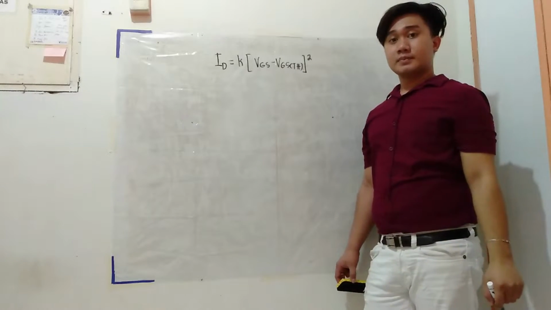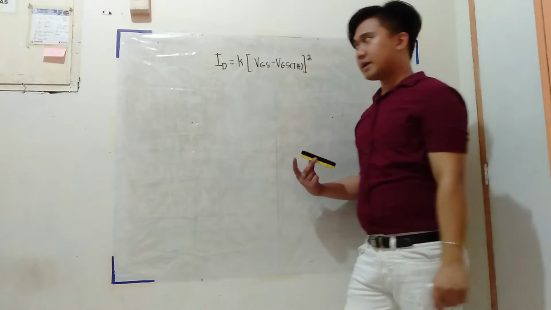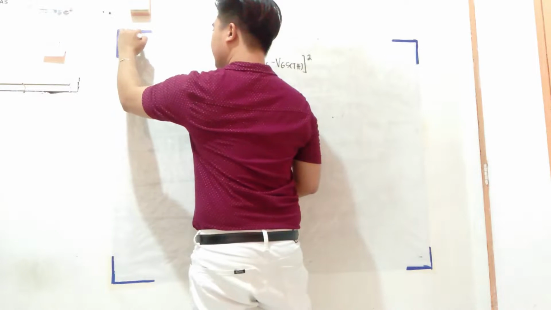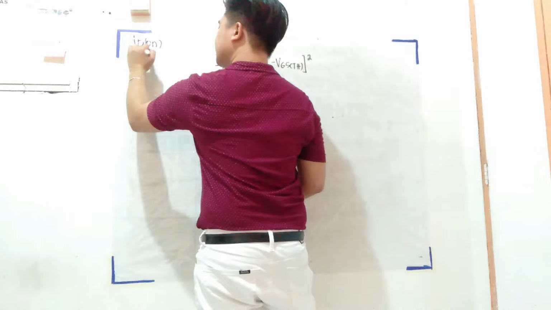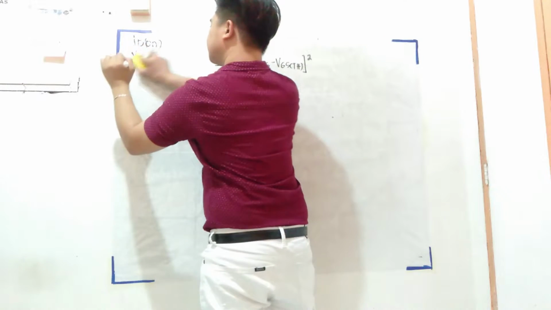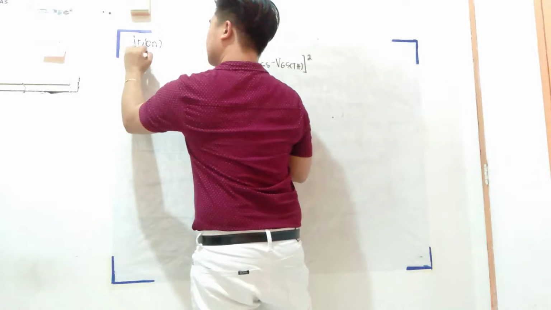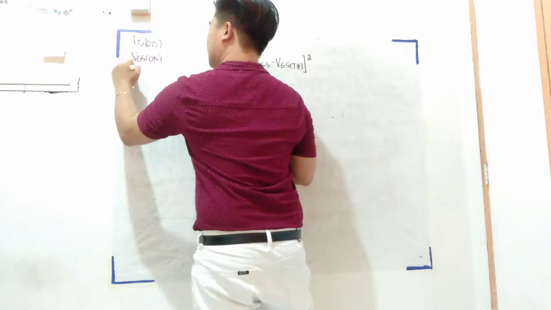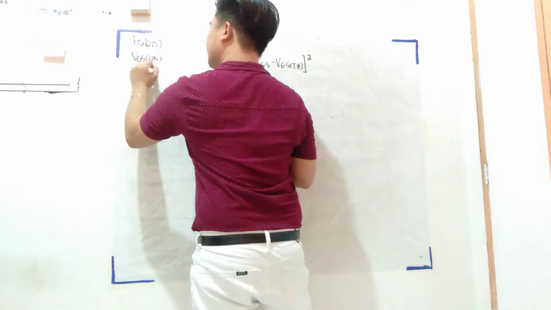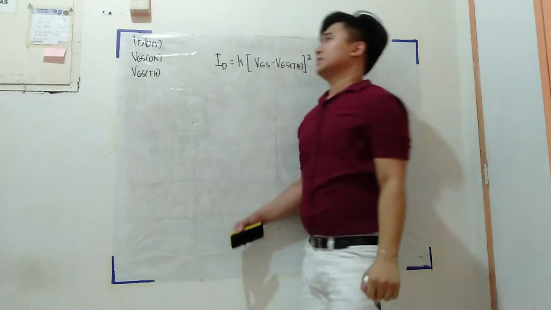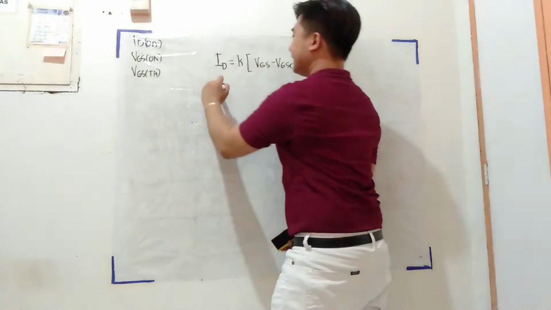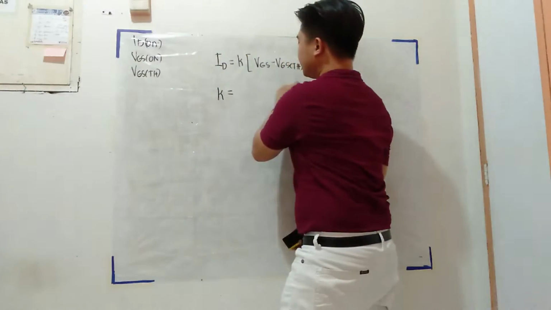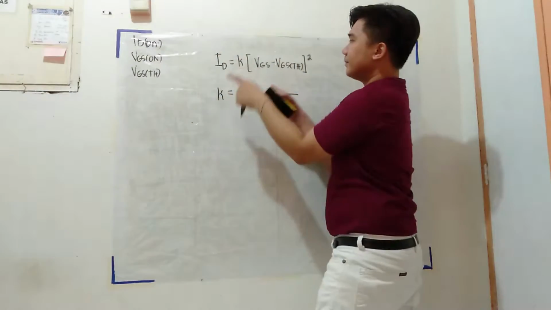Okay? Ang binibigay po kasi sa mga problem solving ay ID on, VGS on, at VGS TH. Okay? Pag wala pong binigay na K, K is equal to, tingnan nyo mula dito, di ba?